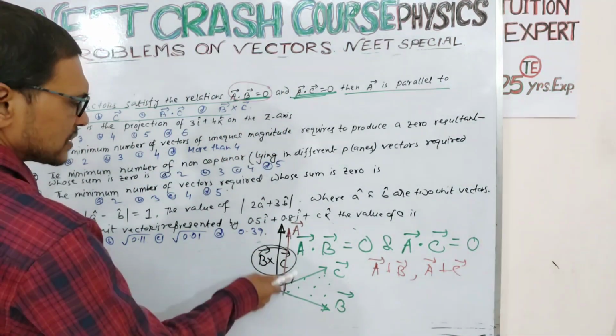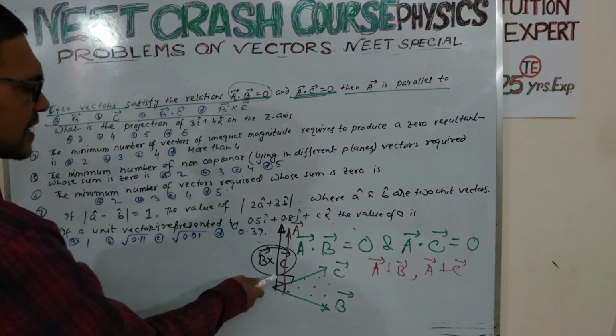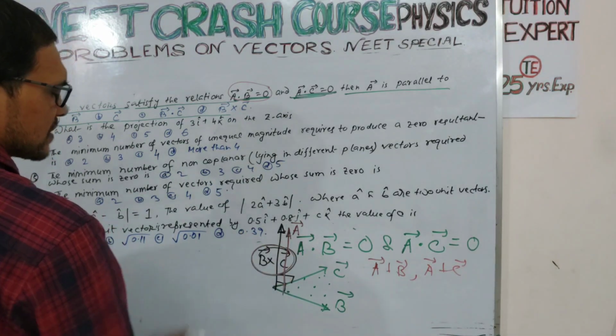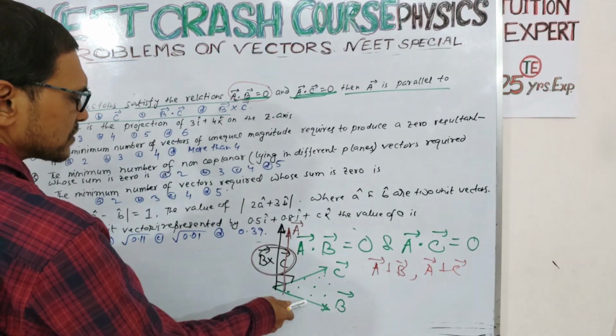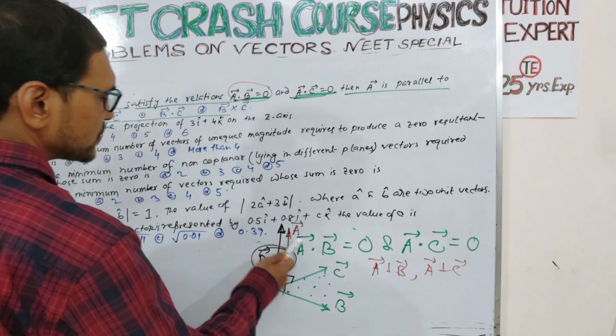If two vectors are perpendicular, then their dot product is 0. So a is perpendicular to b and a is perpendicular to c, given. If we take the vector a along b cross c, which we know is perpendicular to b and c, then a is perpendicular to b and c.